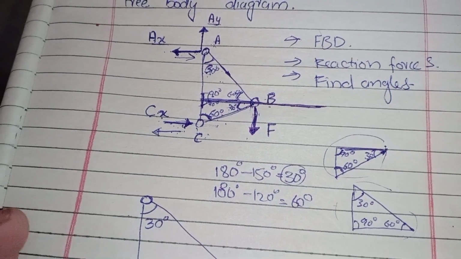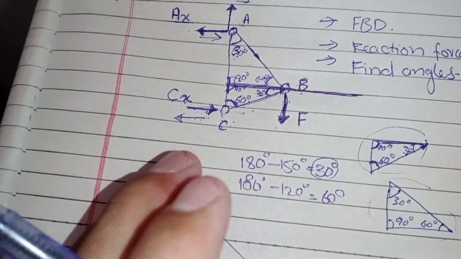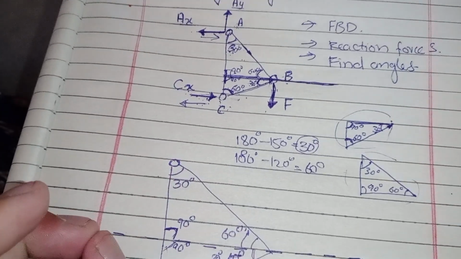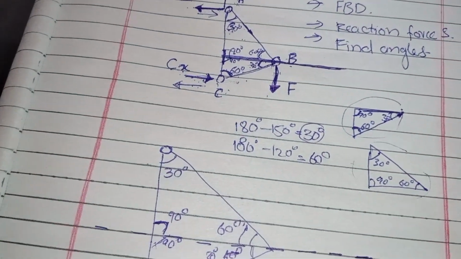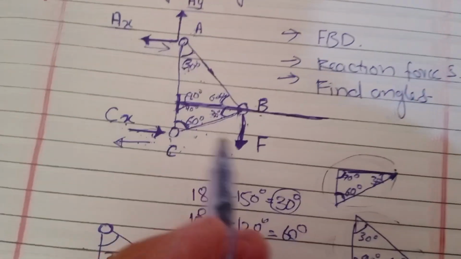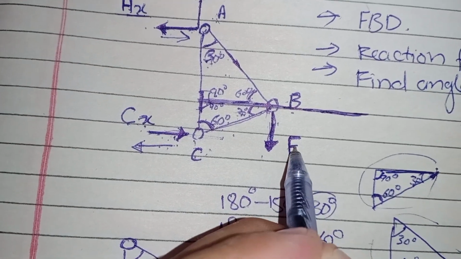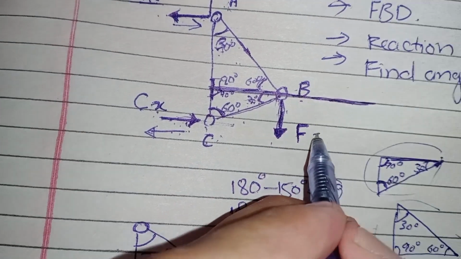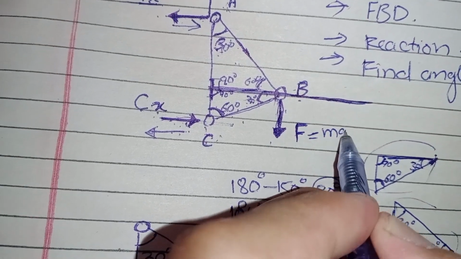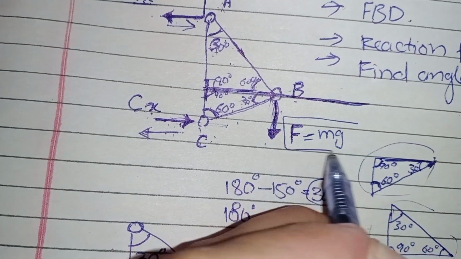Now the question will be very easy for you after that. Okay, now you know that due to gravity, F is equal to mg, mass into gravity.